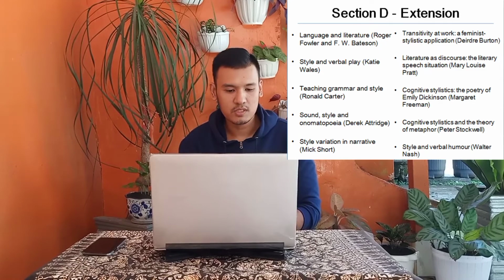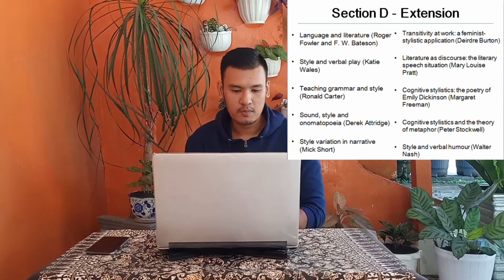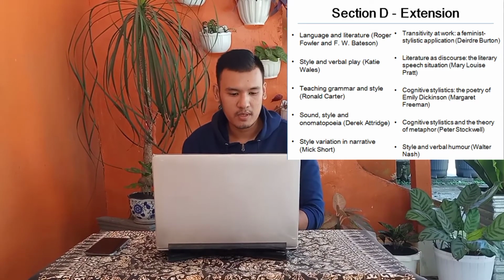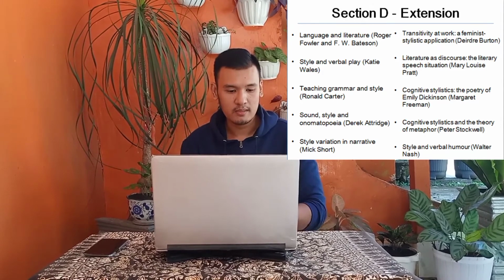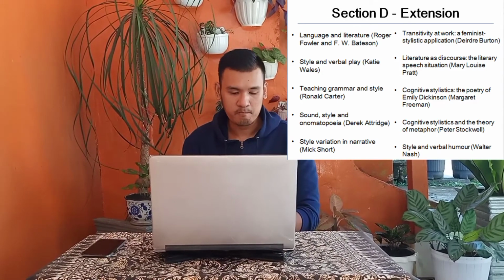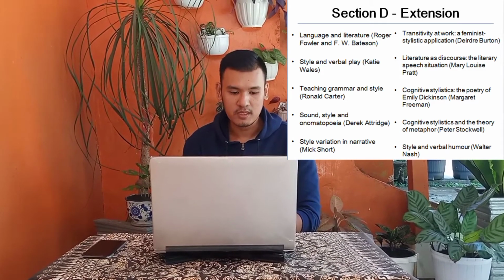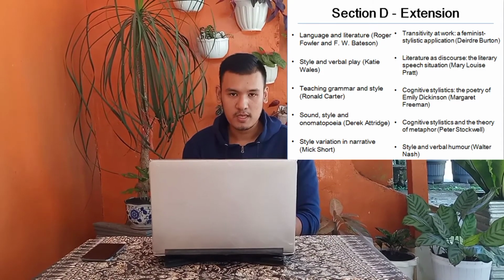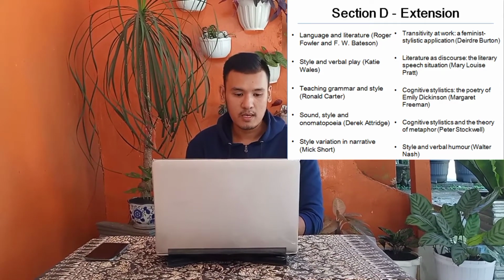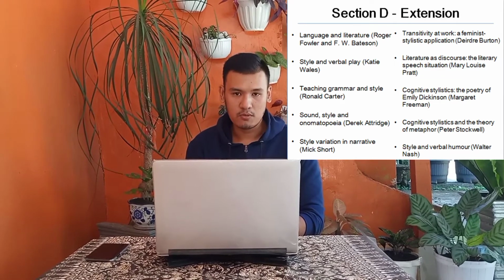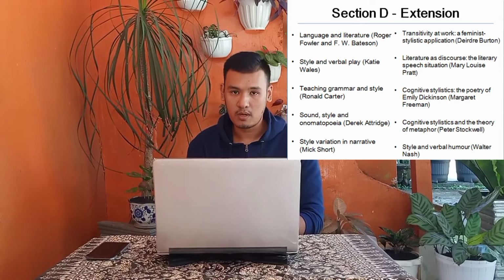The first is Language and Literature by Roger Fowler and F.W. Bateson, and then Style and Verbal Play by Katie Wales, and then Teaching Grammar and Style by Ronald Carter, and then Sound, Silence and Onomatopoeia. And then the next is Style, Variation and Narrative by Mike Short, and then Transitivity at Work, a Feminist Stylistic Application by Deirdre Burton, and then Literature as Speech Act, Literary Speech Situation by Mary Louise Pratt.